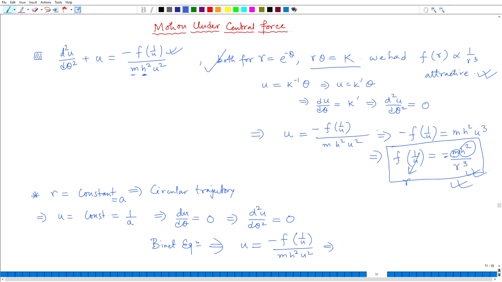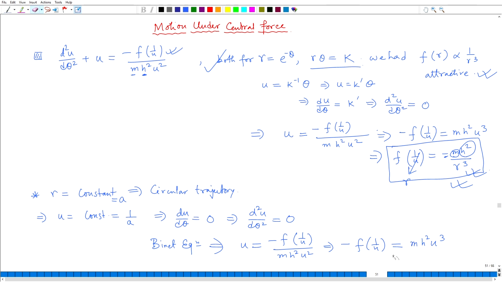u is equal to minus f of 1 over u, divided by m h² u². Okay. Again minus of f of 1 over u is equal to, I would just say, m h² u³ with a plus sign here, because this is already minus.